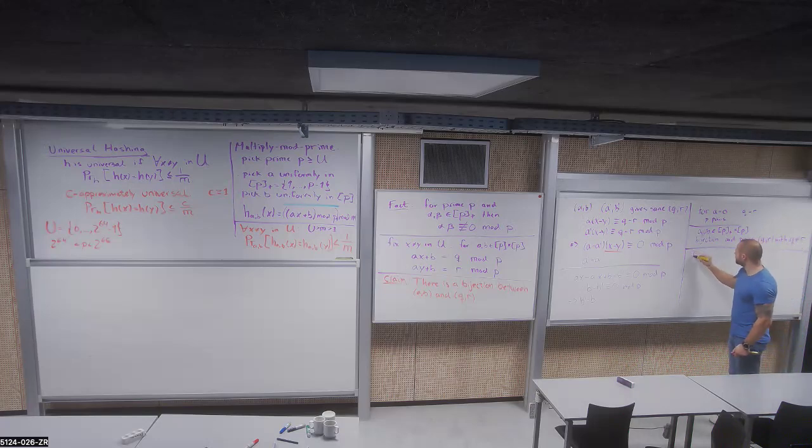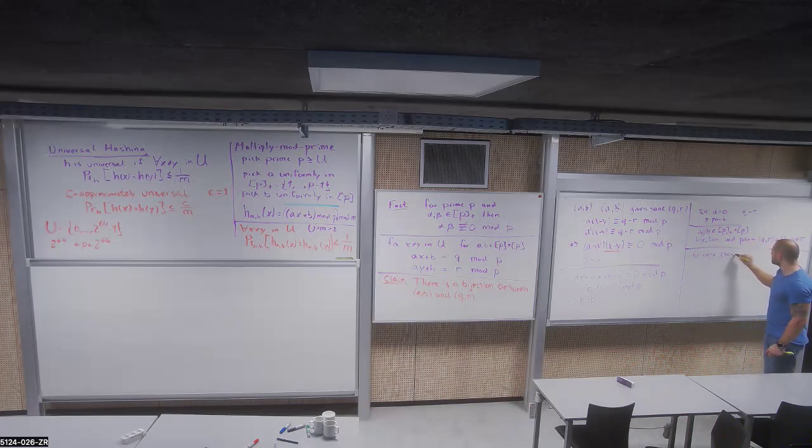For every choice of Q, let's count how many choices of R cause a collision. So how do we do that? We're doing mod M, right? And this number lies between 0 and P minus 1.